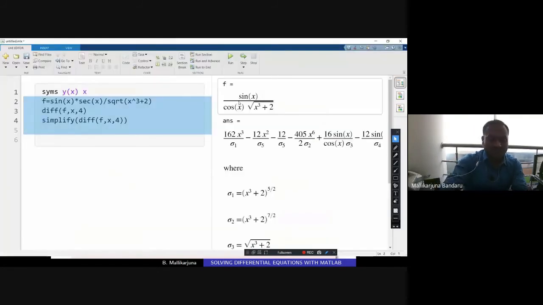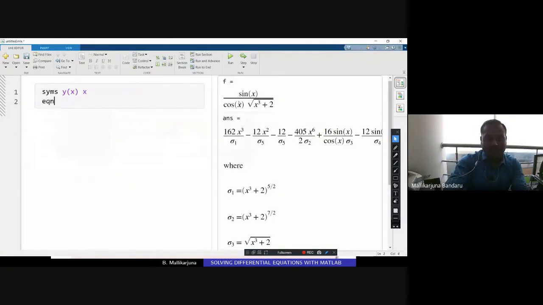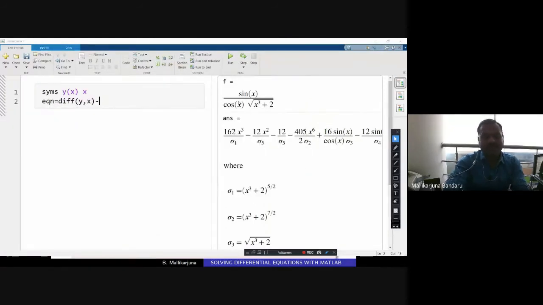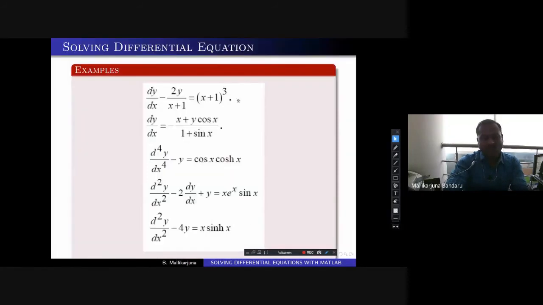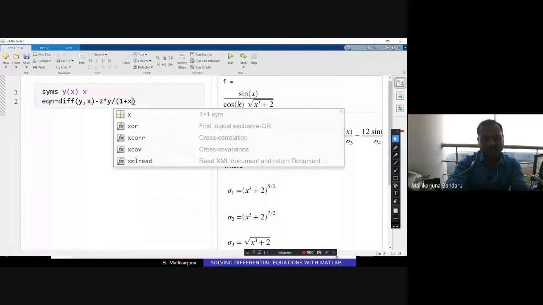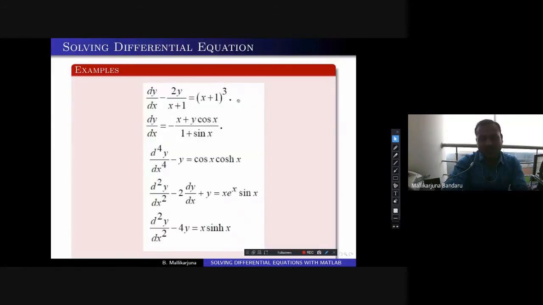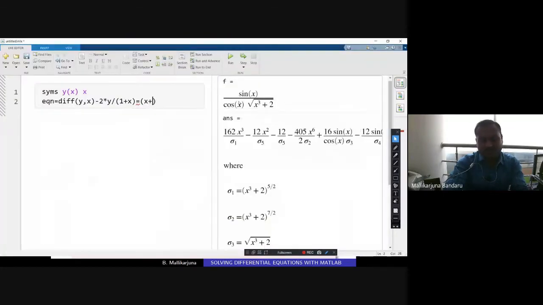So let us type first, equation is equal to, okay? dy by dx, differentiation of y comma x minus 2y by 1 plus x, right, is equal to x plus 1 cube.